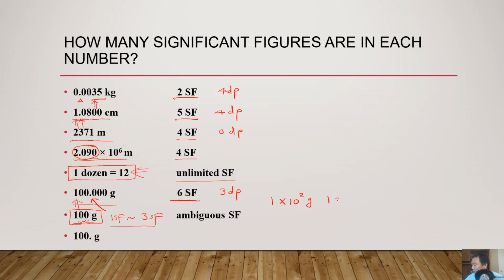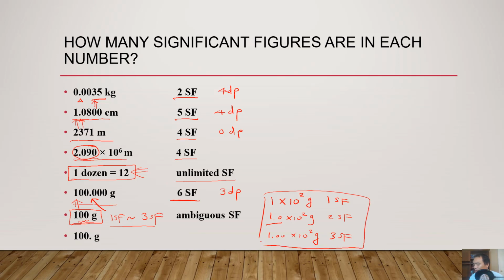If it's 2 sig figs, you write it this way, because the pre-exponent number will give you the number of sig figs. Or you can write 1.00 times 10 raised to 2 grams. It will give you 3 sig figs.